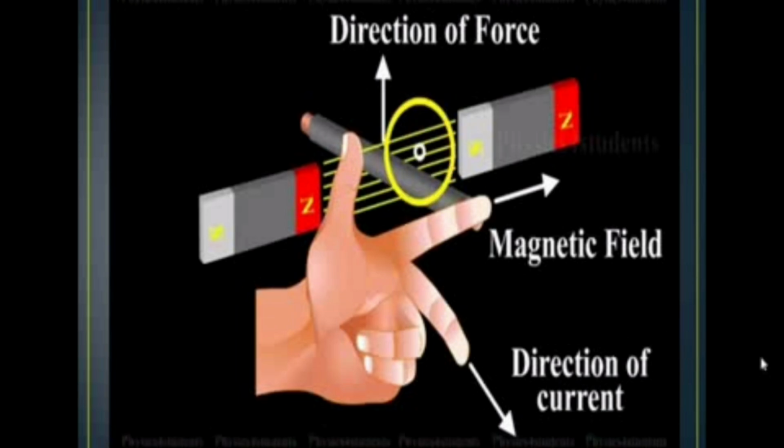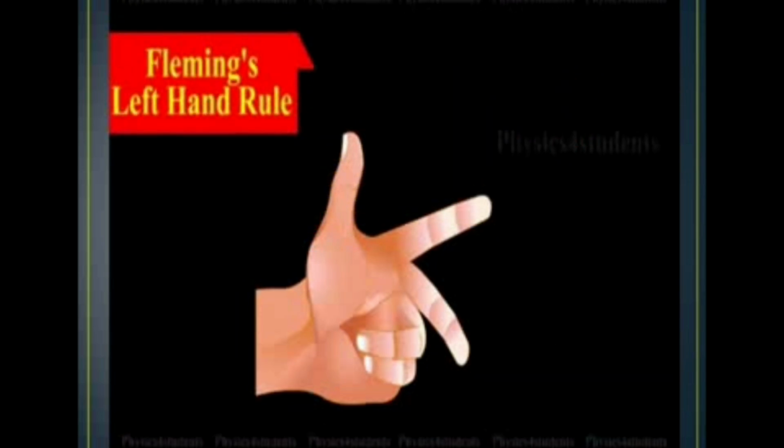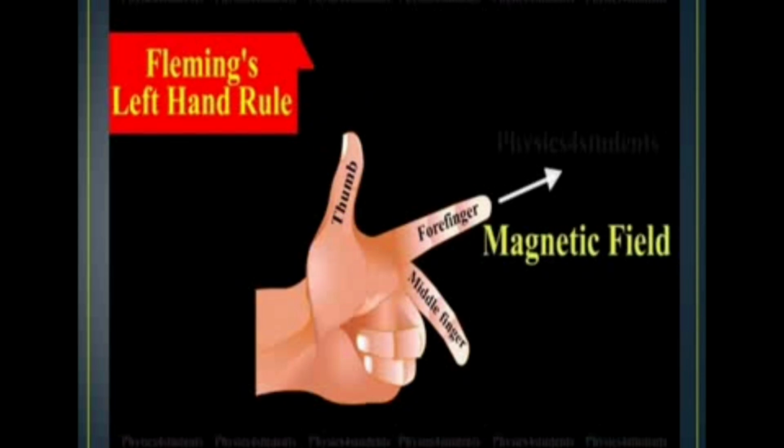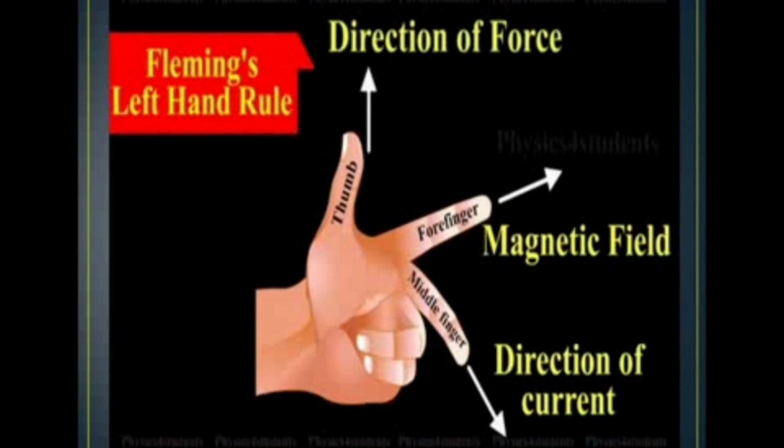Here the magnet is there, with a north pole and a south pole. According to Fleming's left hand rule, we explain the force on the conductor. We stretch the forefinger, middle finger and thumb perpendicular to each other. The forefinger indicates the magnetic field, the middle finger indicates the direction of current, and finally the thumb indicates the direction of force.